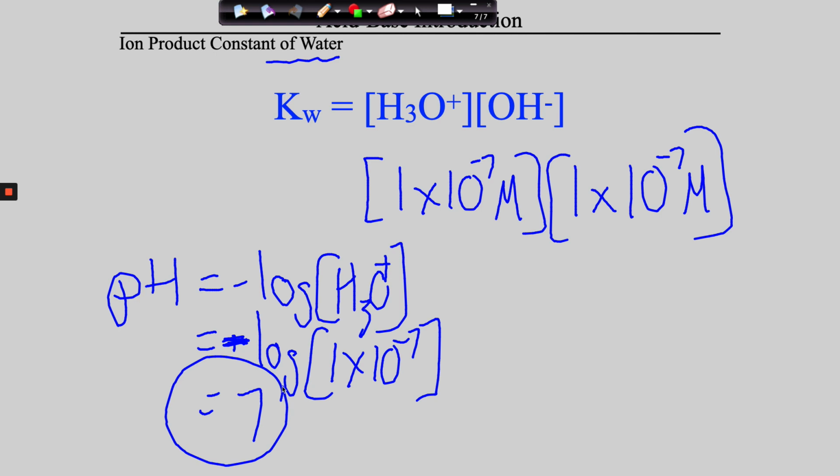But now guys, let's do this math. If this is 1 times 10 to the negative 7th, and if this is 1 times 10 to the negative 7th, when we multiply those together, what do we get? 1 times 10 to the negative 14th. Find it on your AP equation sheet.